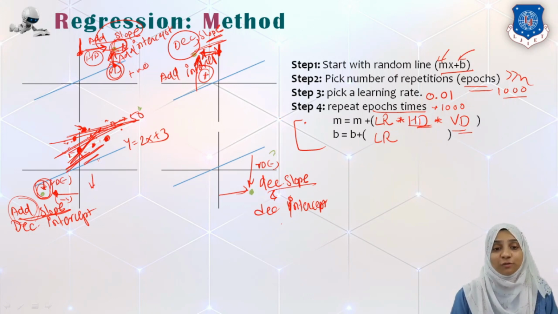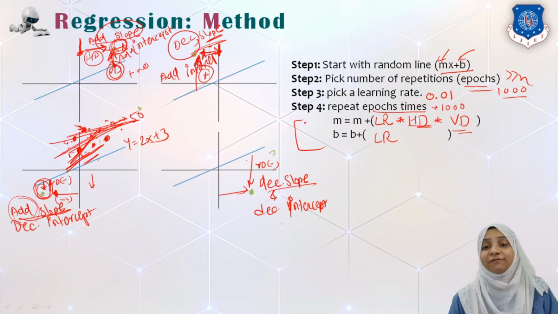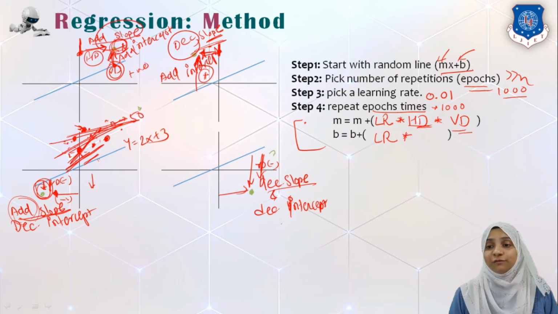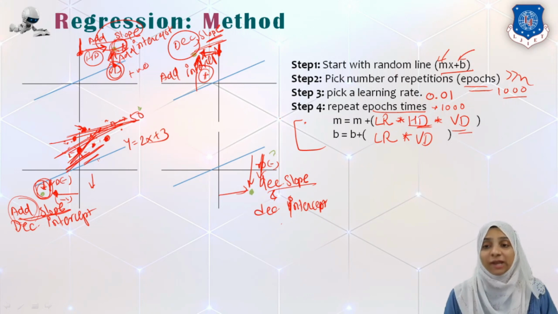In this case the point is below the line, and the y difference is negative. Here also we have a negative y difference. So we have the formula of b, which is the y-intercept, as b is equal to b plus learning rate into only the vertical distance from the line.